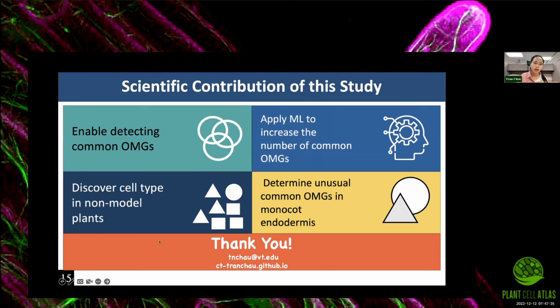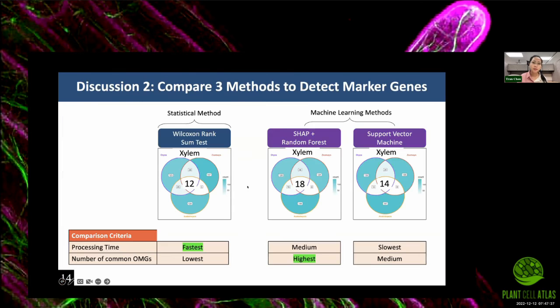You can see in my previous slide that all three methods found different numbers of common OMGs among three plant species, and among them there are some very highly specific OMGs, and all three methods provide a consistent result. Yes, they all agree on the specific genes for the three plant species.